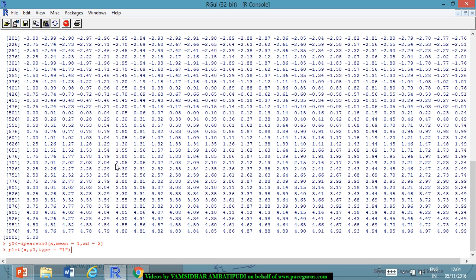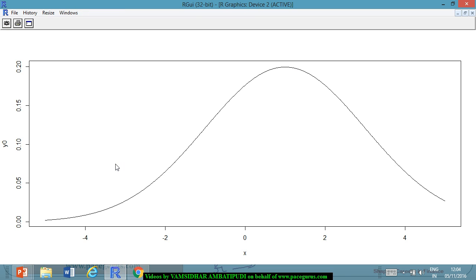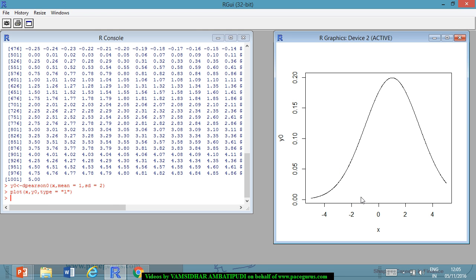Let me see what is coming out. This is a simple plot that I am getting. I could see that this is a normal distribution altogether. So I am able to generate a normal distribution through this mechanism as well.